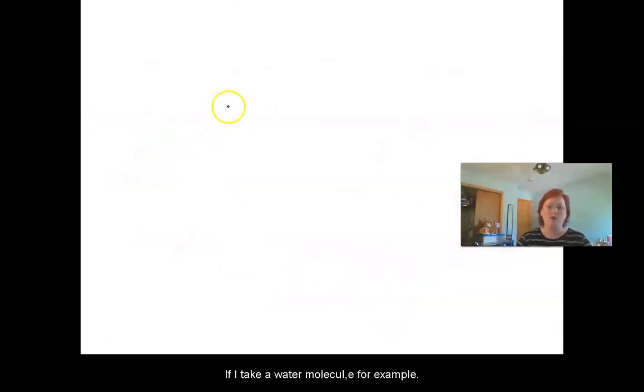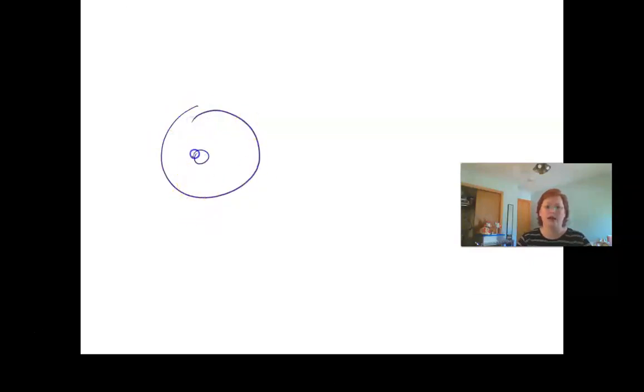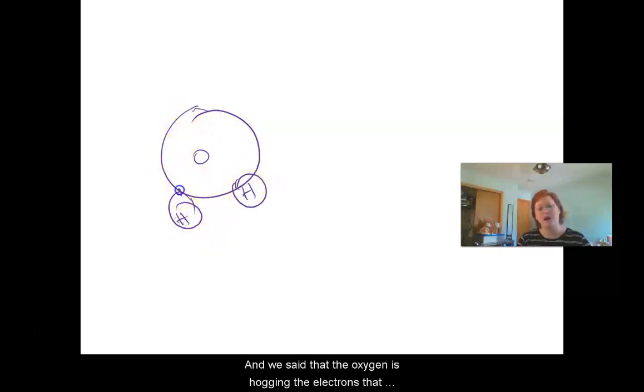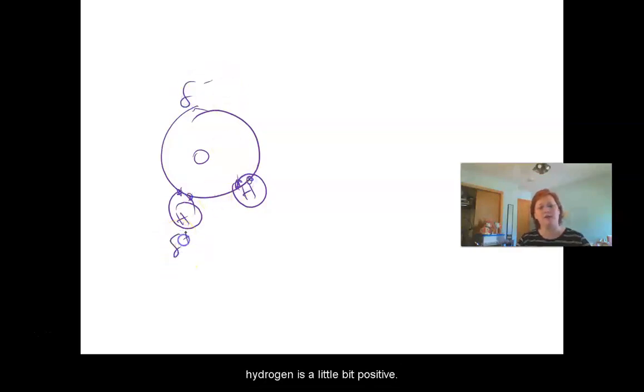If I take a water molecule, for example, we have an oxygen and we have two little hydrogens, right? And we said that the oxygen is hogging the electrons that they're sharing. So that makes my oxygen a little bit negative and my hydrogens a little bit positive.